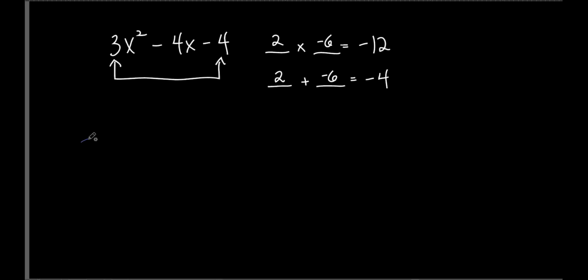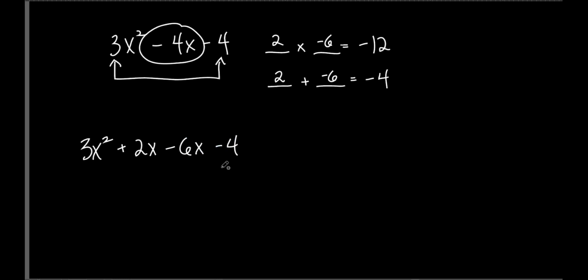I'm going to write 3x squared, and instead of writing negative 4x, I'm going to write it as positive 2x minus 6x. I'll show you why in a second. Now, would you agree that what I wrote down is exactly this problem? Yeah, because 2x minus 6x is negative 4x. All right? Does everybody see that?